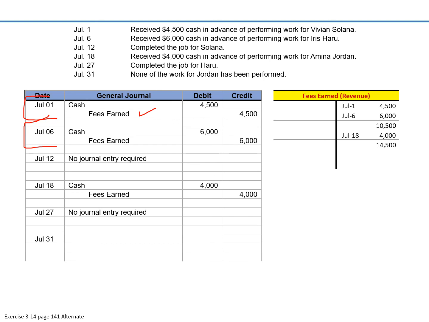Then on July 31st, none of the work for Jordan had been performed. So here's what we have to do. We have to reverse those fees earned with a debit. We reduce revenue with a debit. And we record a liability by crediting unearned fees.